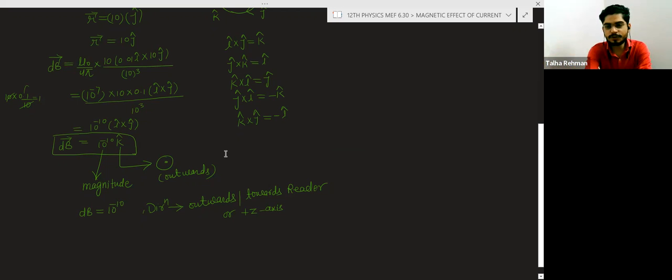But this question can also be solved by using the right hand thumb rule and this formula only. Mu naught upon 4 pi I dl sin theta divided by r square. From this formula also you will get the magnitude, but not the direction. For the direction you have to apply the right hand thumb rule.